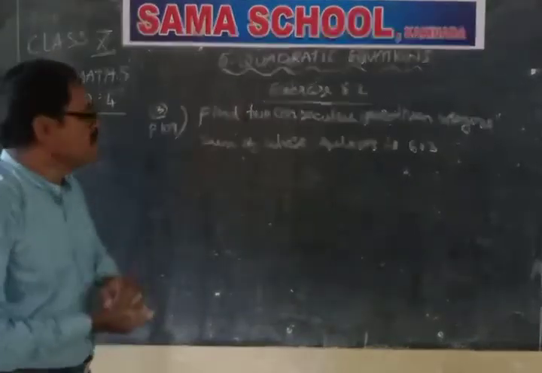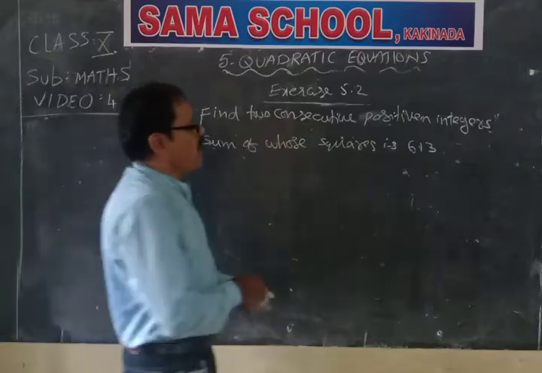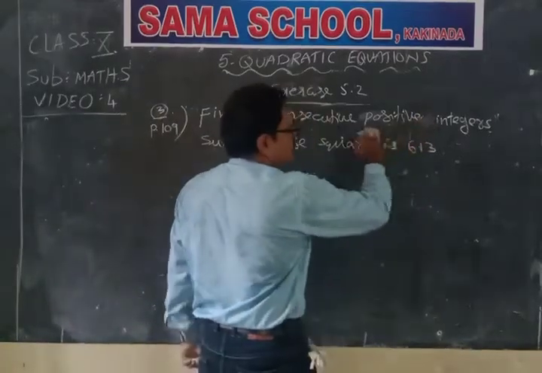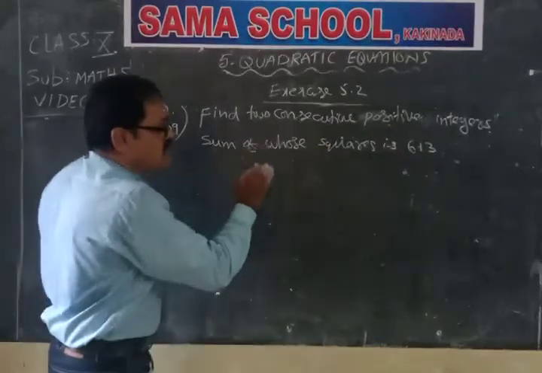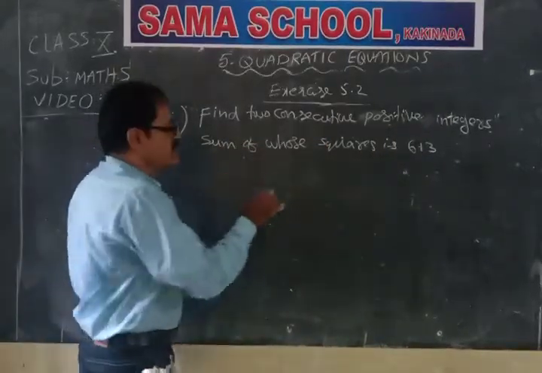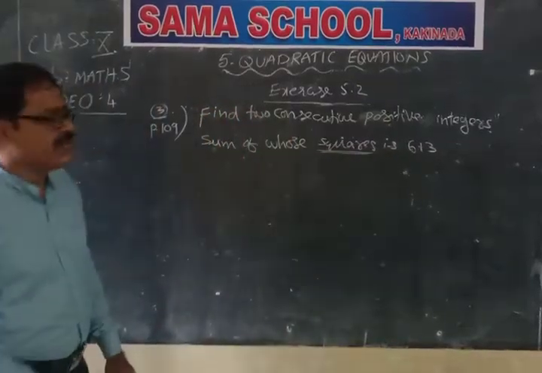This is the given sum. What is given? Find two consecutive positive integers, sum of whose squares is 613. Okay, now see.